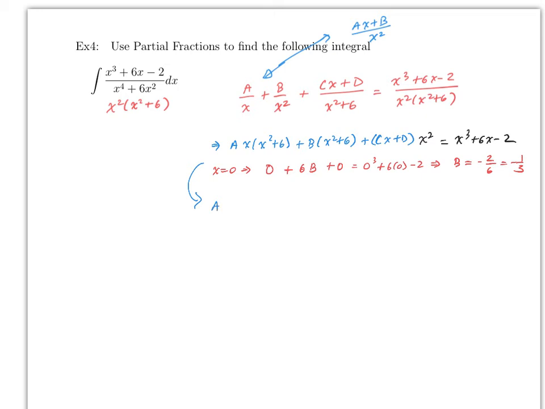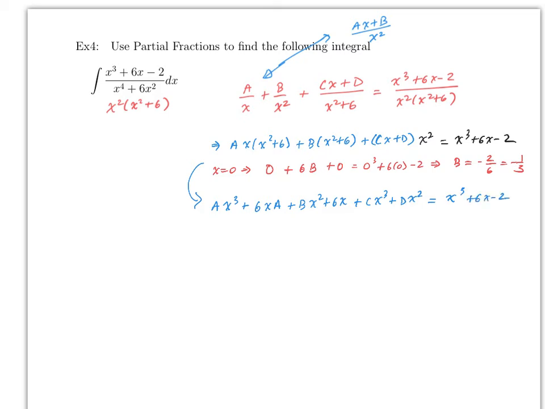So notice that this will give you ax cubed plus 6xa, or a6x, plus bx squared plus 6x, and then plus cx cubed plus dx squared, and obviously all of this has to equal this, like I just mentioned.